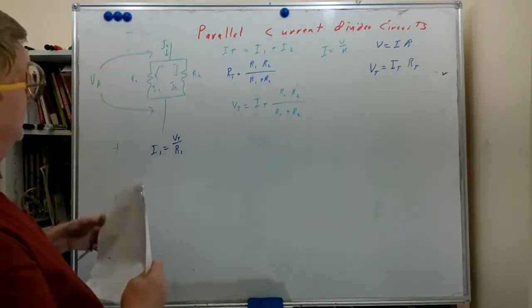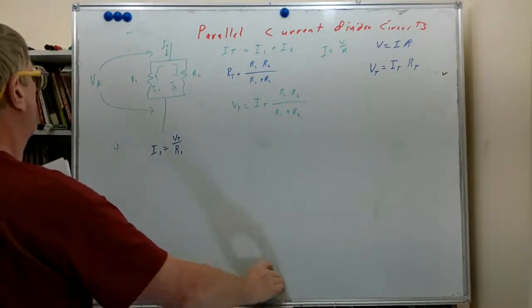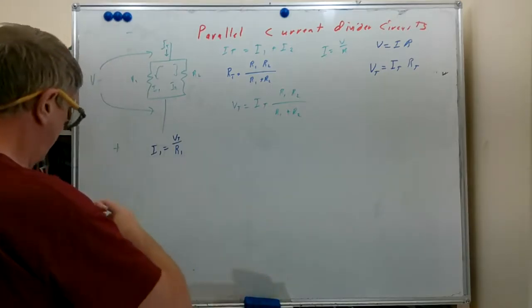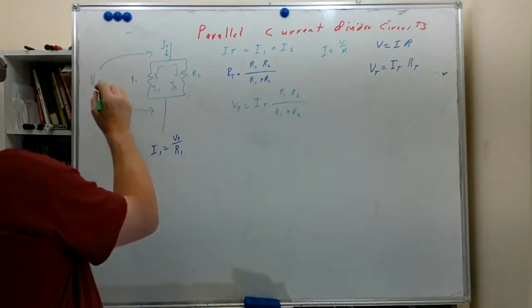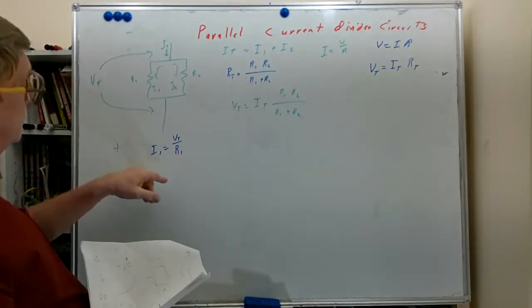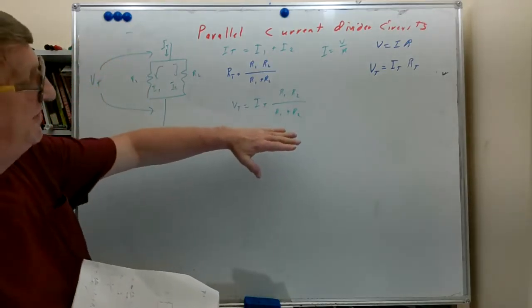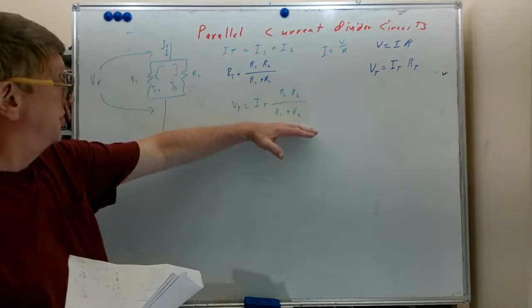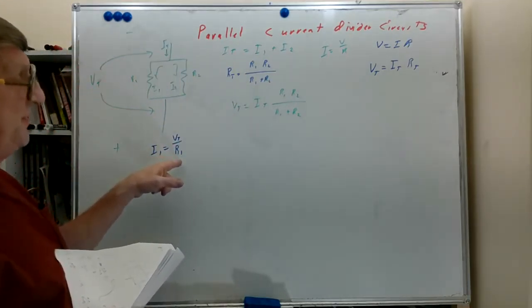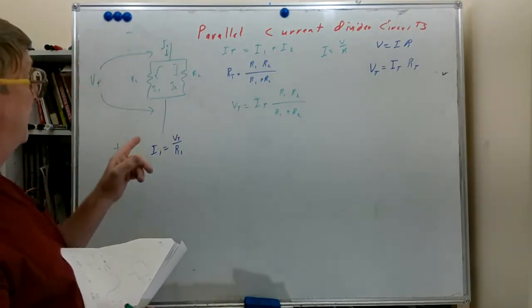The current I1 is going to be this Vt divided by the value of R1. We have here an expression that represents Vt. If we divide that by R1, that will give us I1.